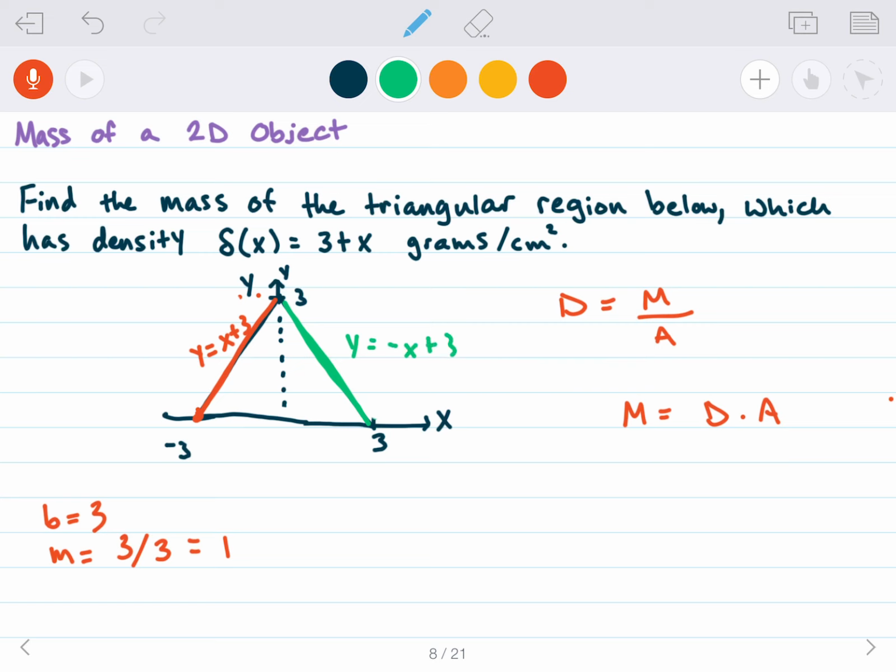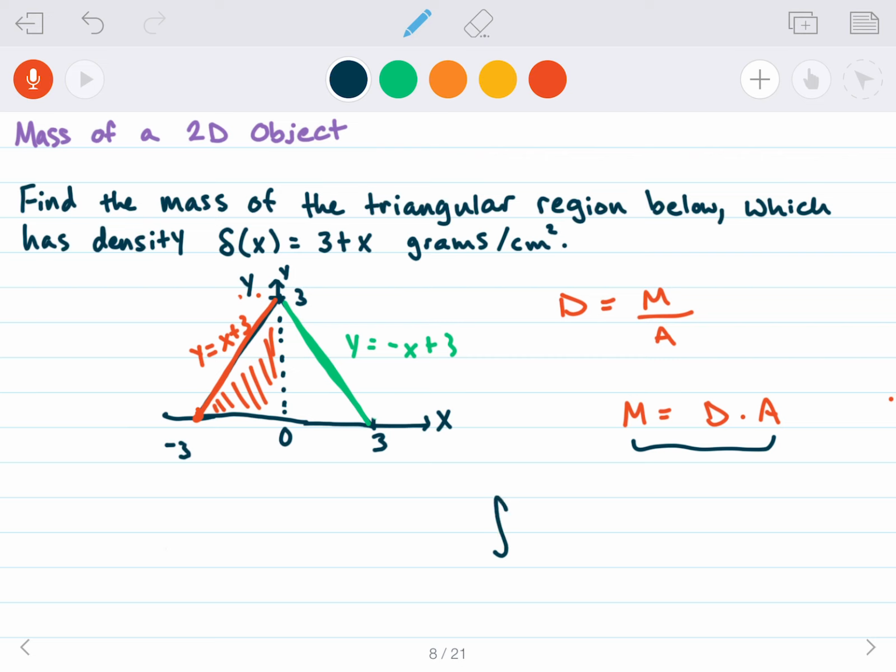All right, so we're going to split this integral up again because we have these two different functions. The first integral I'm going to set up is going from x equals negative 3 to x equals 0. And to find the mass, again, I'm just doing density times the area.